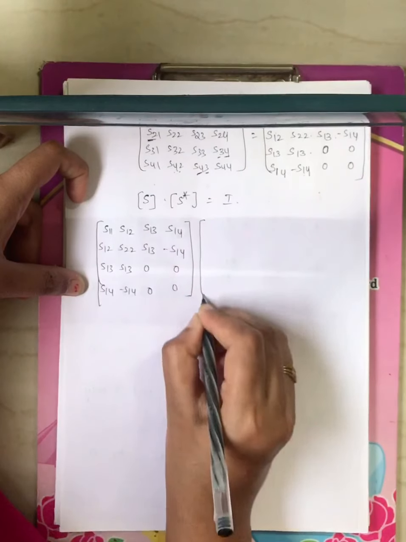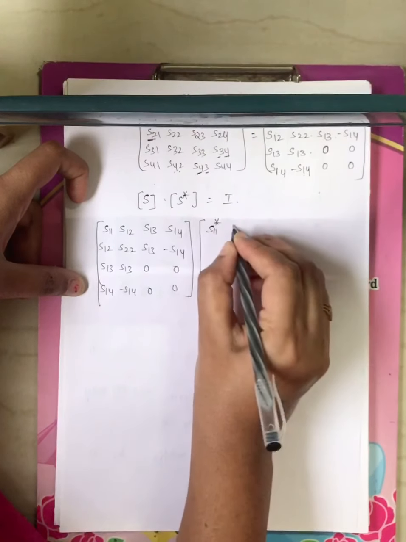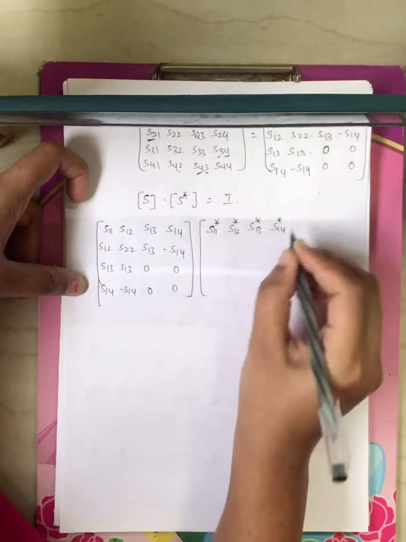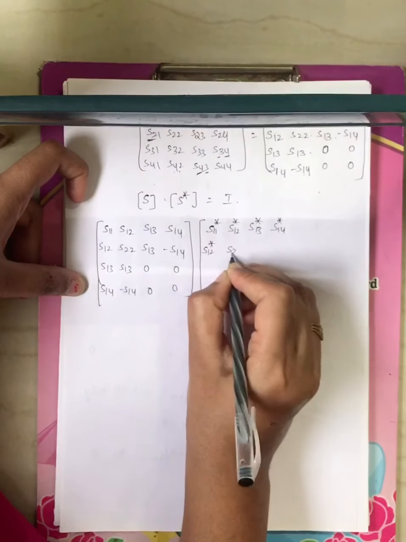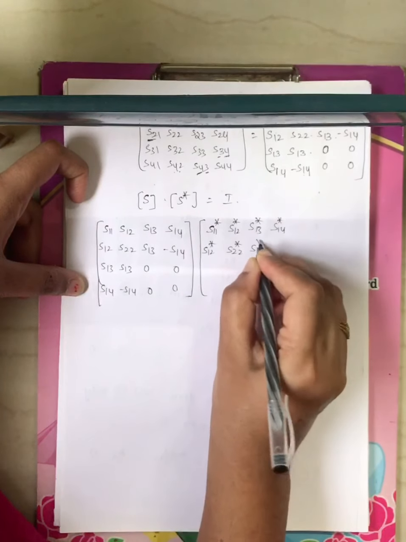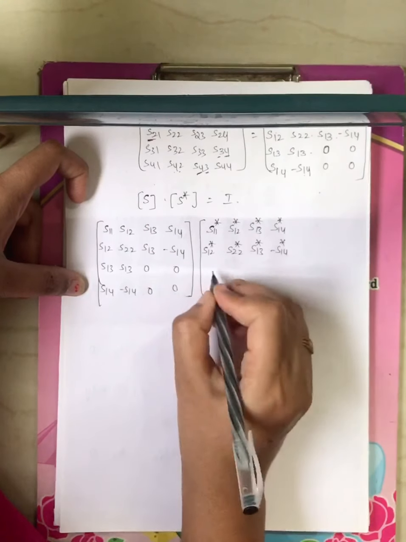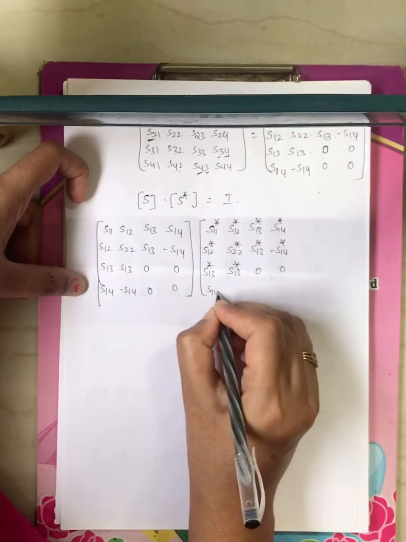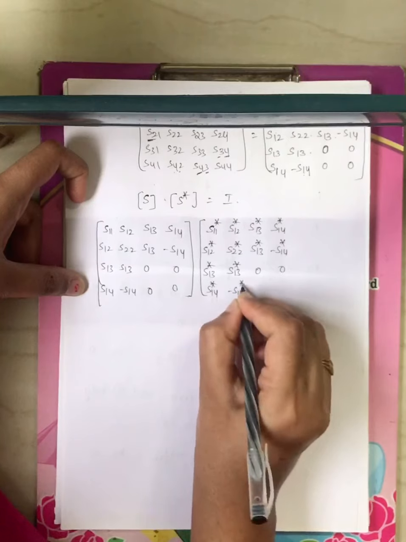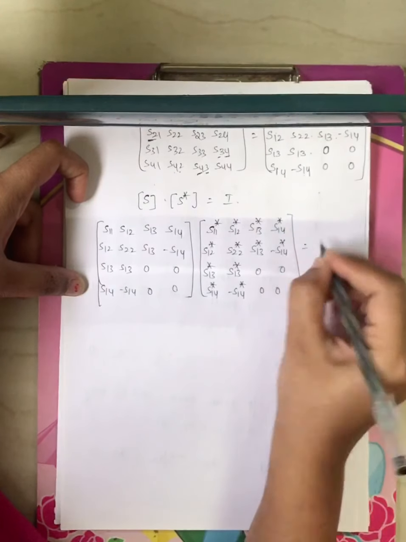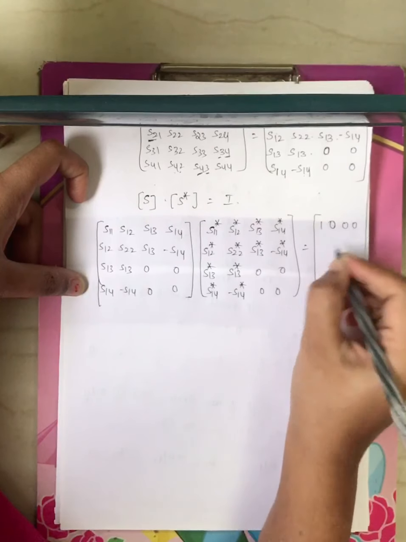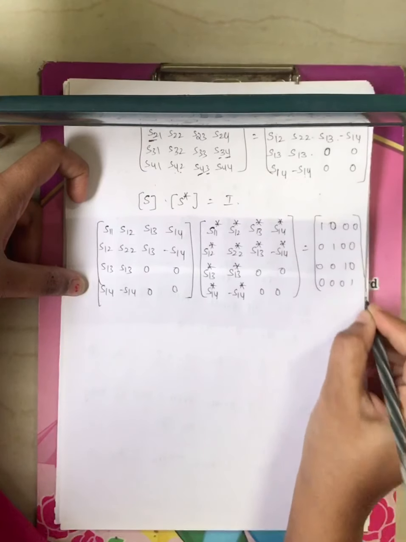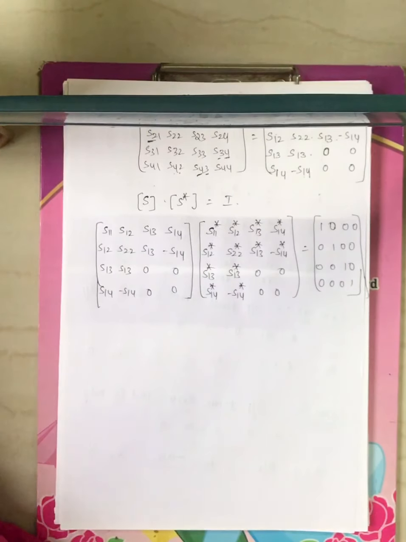Now this S matrix multiplied by its conjugate, that is S11 conjugate, S12 conjugate, S13 conjugate, S14 conjugate, and so on, equals the identity matrix of order 4 by 4.